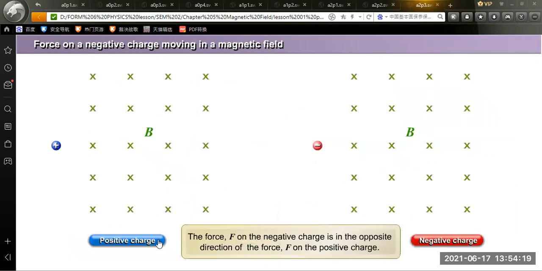Next, we look at here. If there is a positive charge going into the magnetic field, and the direction of the magnetic field is into the plane, into our screen, then what happens? A positive charge follows the direction of current, so the positive charge will move in this direction.